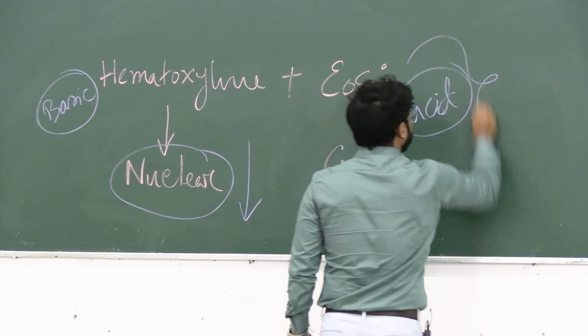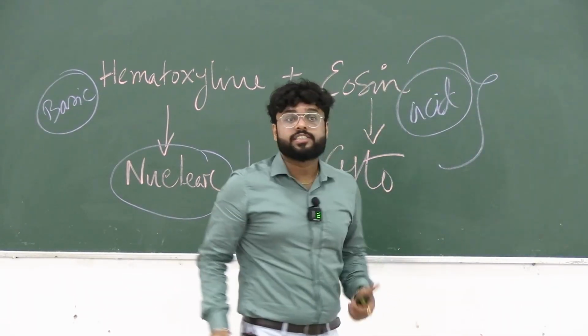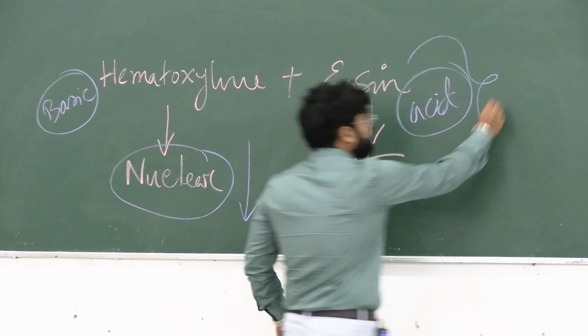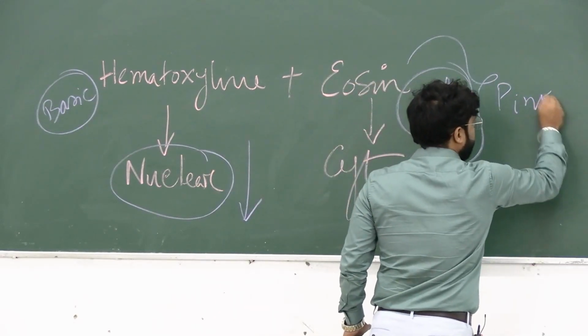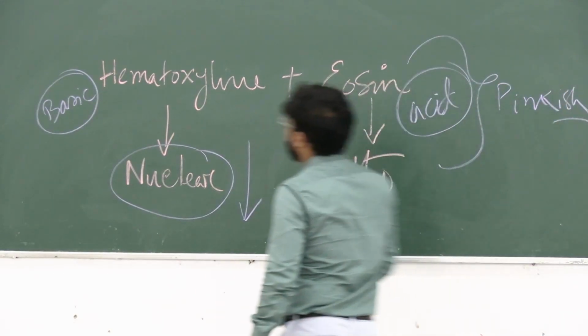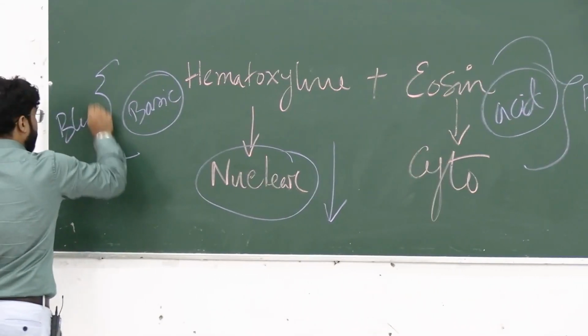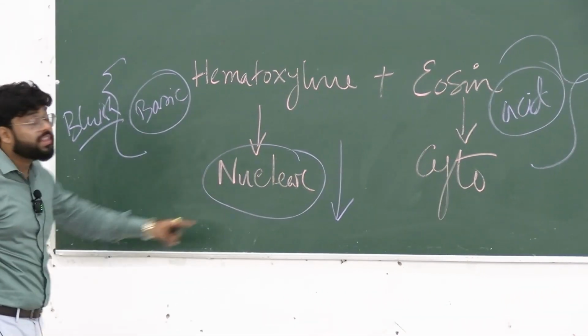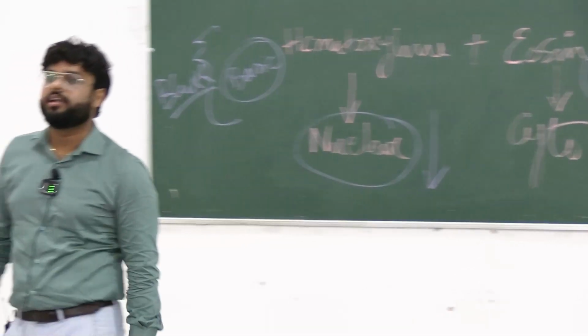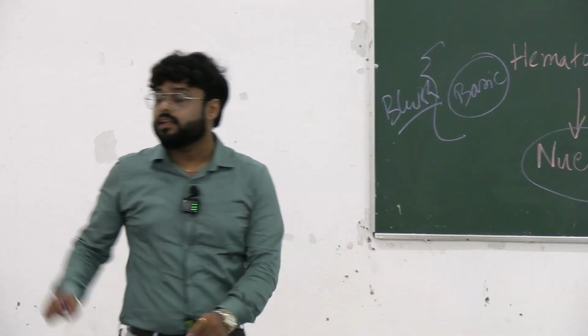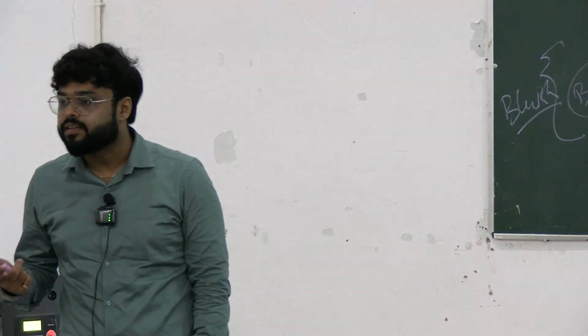Whenever eosin stains anything, it looks pinkish, and whenever hematoxylin stains anything, it looks bluish. So whenever there is a decrease in the nuclear content, there will be a decrease in the bluish tinge.